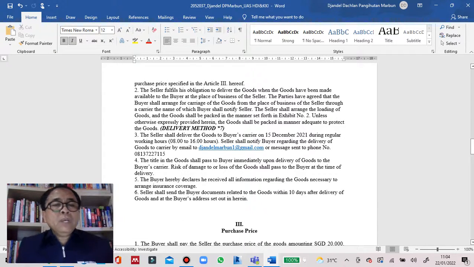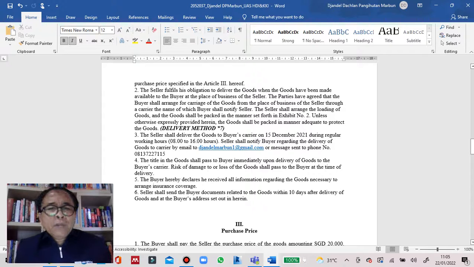3. The seller shall deliver the goods to the buyer's carrier on 15 December 2021 during regular working hours from 8 a.m. to 16 hours.